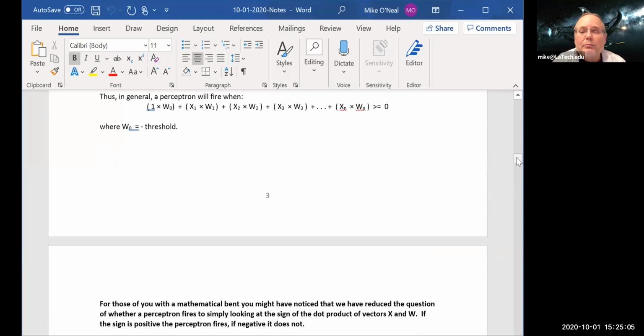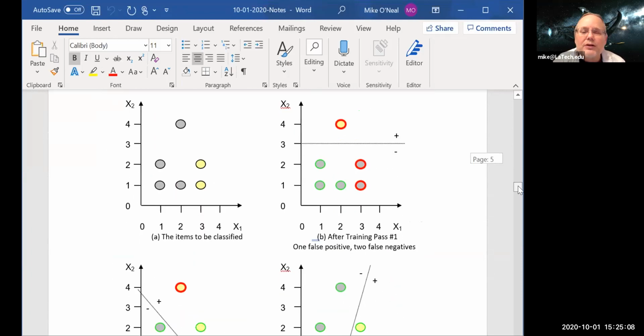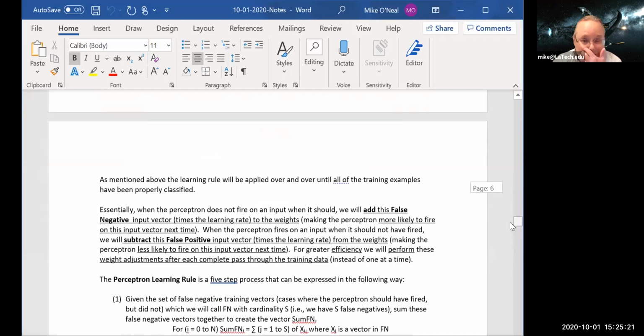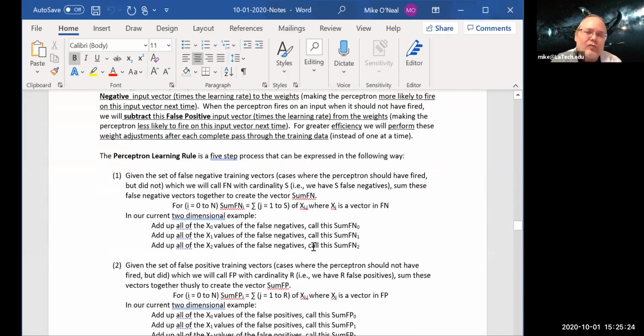So, and really, remember, again, sorry, I'm going all over the place here. Remember, 3,1 is actually 1,3,1, and 3,2 is actually 1,3,2 because there's always a 1 stuck in the front because we're using the fixed threshold, right? So what we need to do to get the sum of the false negatives is we need to add up all of the x0 values of the false negatives, and that's sum of the false negatives position 0.